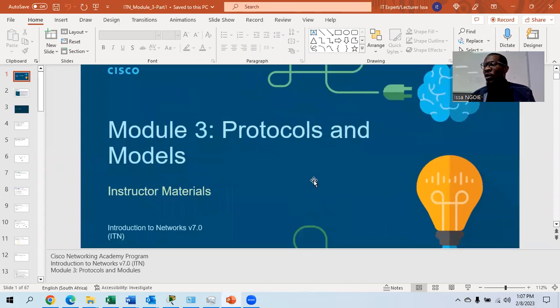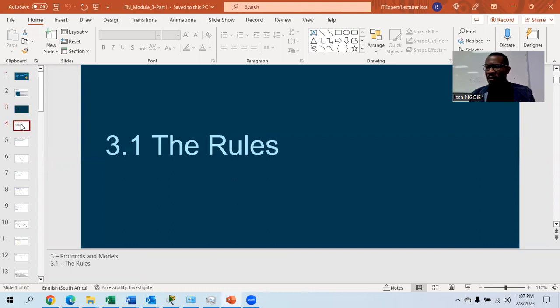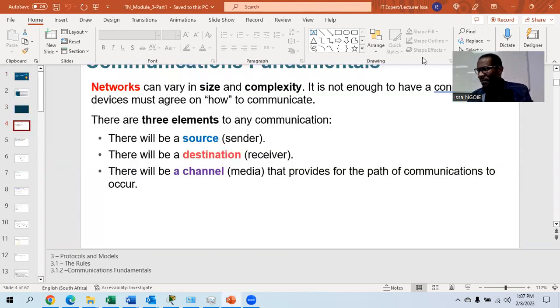So we are going to talk about protocols and models, right? Protocols and models. Let's start.